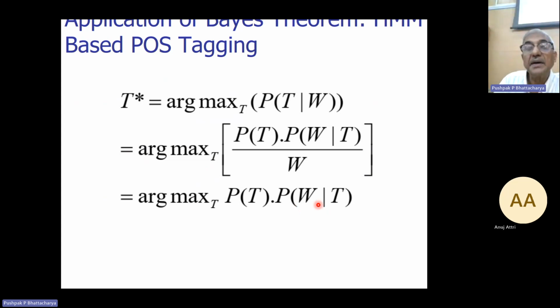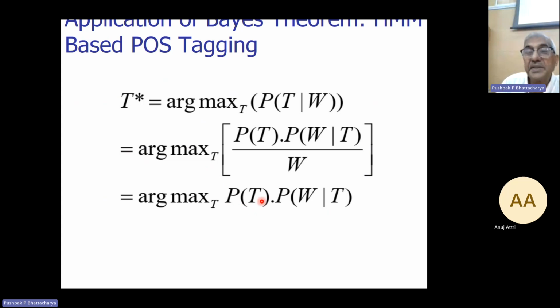So remember that this is a part of speech tagging situation. Probability of T is the transition probability. What is the probability of seeing a noun after a verb? Or what is the probability of seeing a down squat after an up squat? What is the probability of seeing a standing position after seeing a sitting position? These are the transition probabilities.